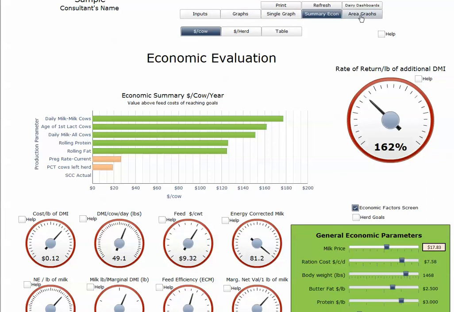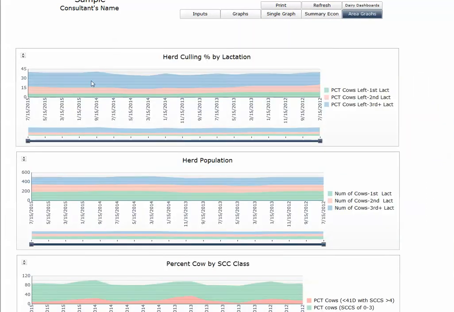The last graphical area is the area of area graphs. So here we're looking at the herd culling percentile by lactation. So first lactation, second and third lactation animals. So the cumulative values of here would be the herd culling rate. This is showing you what proportion each of those lactation groups is influencing it.